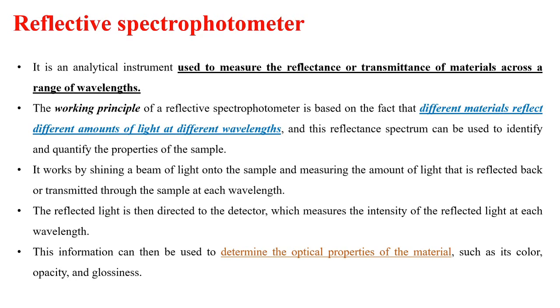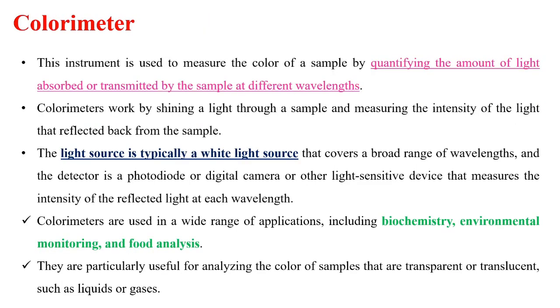How getting some information about the color of a material will be helpful for our study, we are going to see in our upcoming slides, how this will be helpful for performing any kind of experiments. Now coming to the colorimeter, it's only for the visible range.